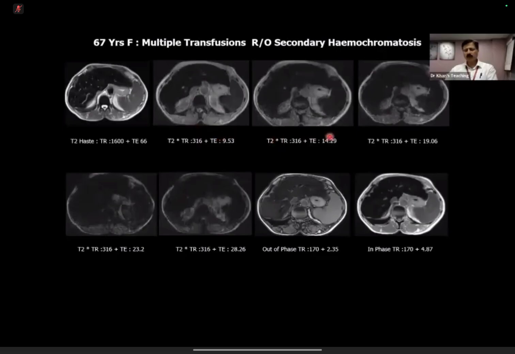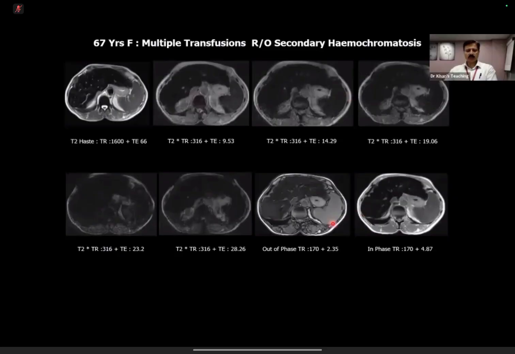You don't have to remember all of these, but we have increasing gradient echo TRs and TEs, so it becomes blacker and blacker. So this is the most sensitive sequence. In this particular example, even on T2, you can see that this is darker as compared to the muscle, but gradient echo is much more sensitive.